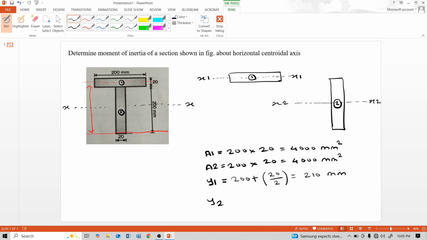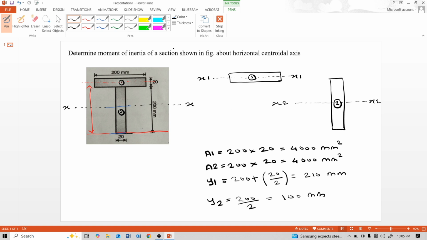And for y2, the distance from the bottom to the centroid of the second part is 200 by 2, that means 100 mm.